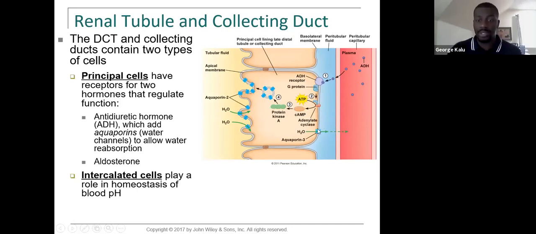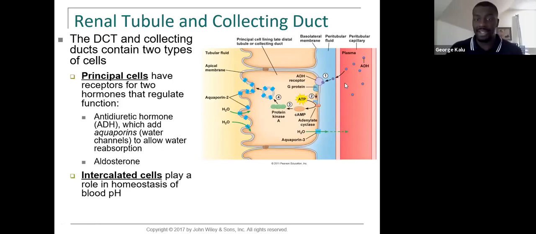Aquaporins are essentially water channels, and so they allow water to be reabsorbed from the tubules into the blood. If you remember, one of the roles of ADH was to help with water retention and help to retain water inside of our body. This is how that happens.